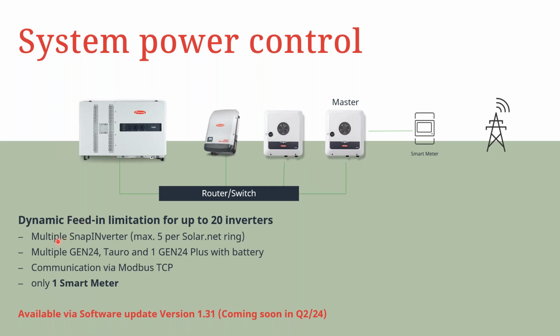So it means that we can dynamically implement feeding limitation for up to 20 inverters in a system. You could have multiple Snap inverters also, but because of design, it is recommended that only 5 Snap inverters should be connected per Solar Net ring.